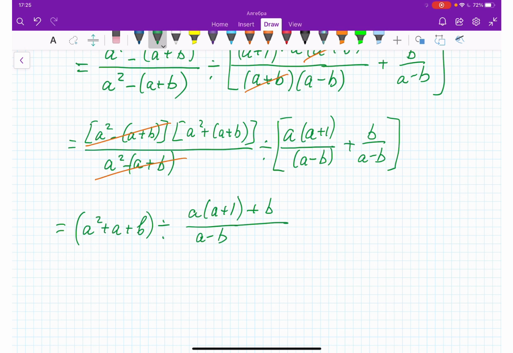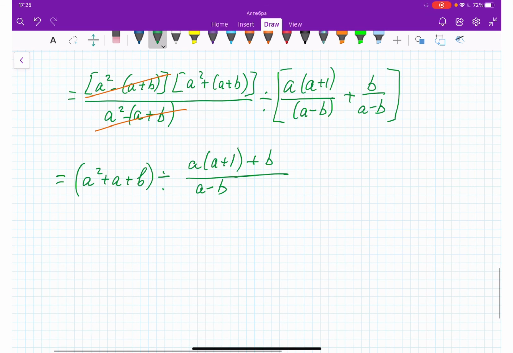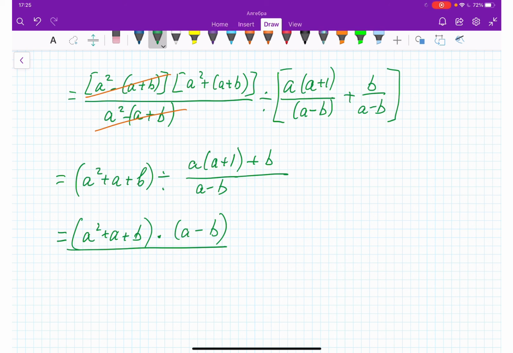Okay, and we have equal, so a squared plus a plus b, divided by, which is a minus b comes up, and in the denominator I will have a squared plus a plus b. Okay, this is gone, and all we have is a minus b.